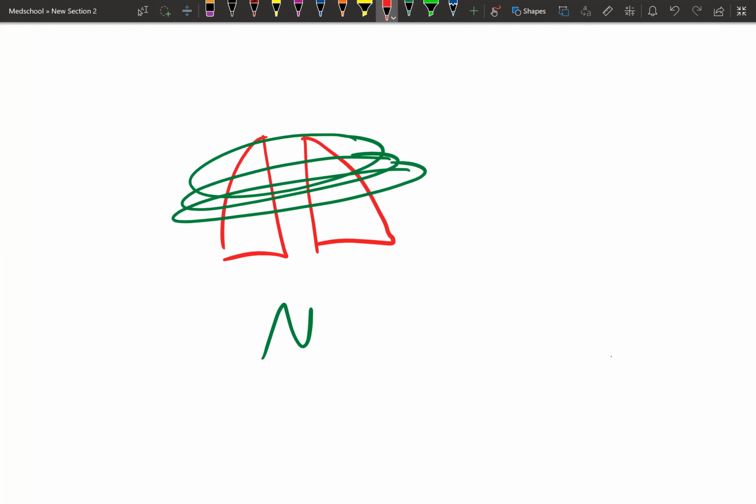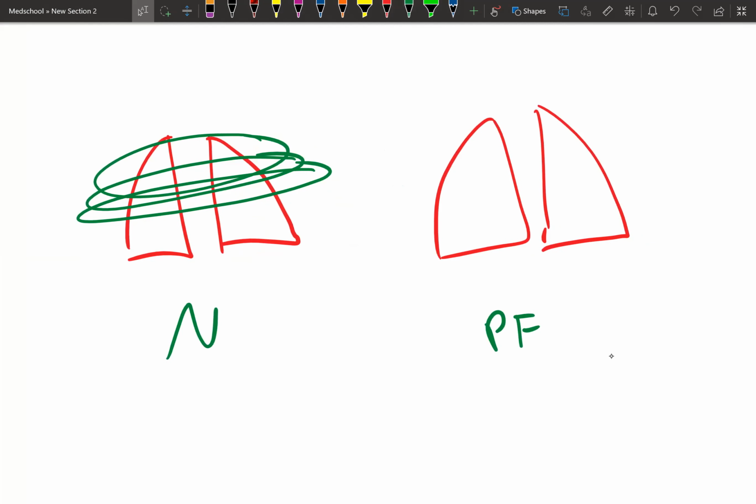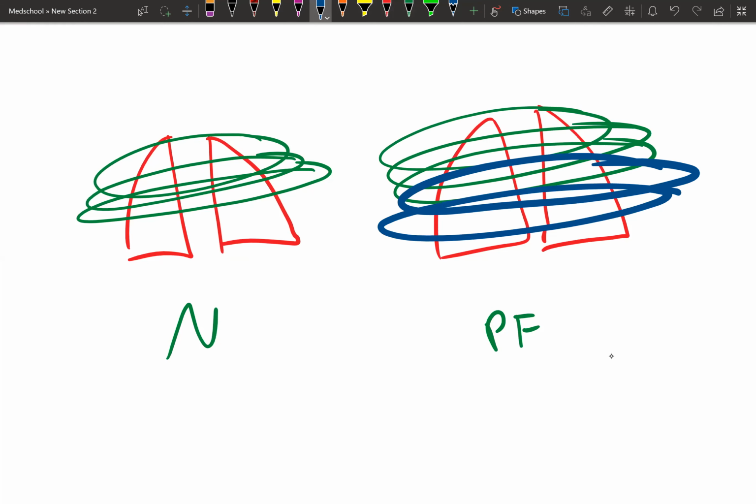If we take that same lung and draw it over here again, and we say they have pulmonary fibrosis, that is like taking those 3 rubber bands and adding 2 more, because pulmonary fibrosis is increased recoil on the lungs.